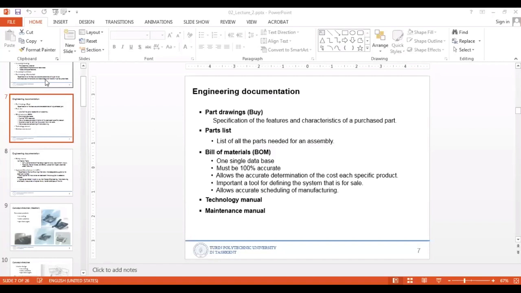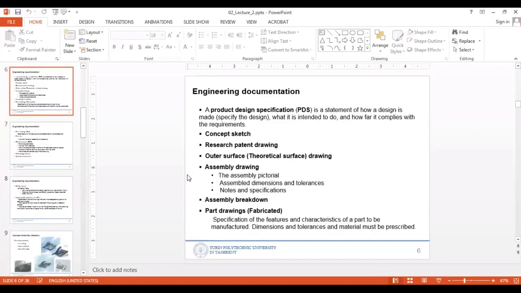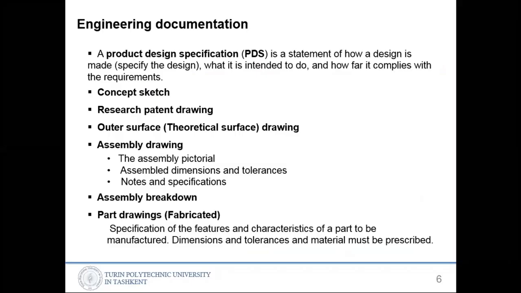So another part of the engineering documentation is part drawings. As I told you, for each part we need a drawing, only a single part drawing. Okay, so in the assembly drawings there are many parts.